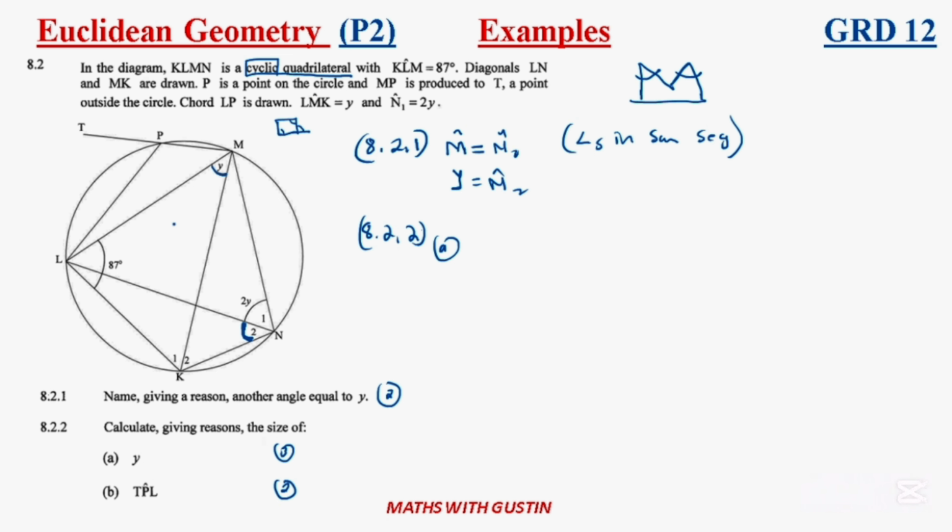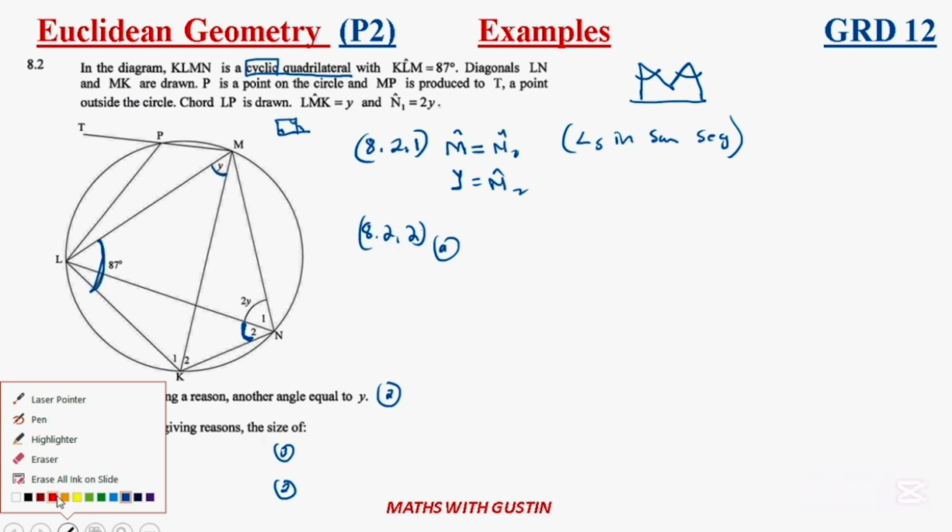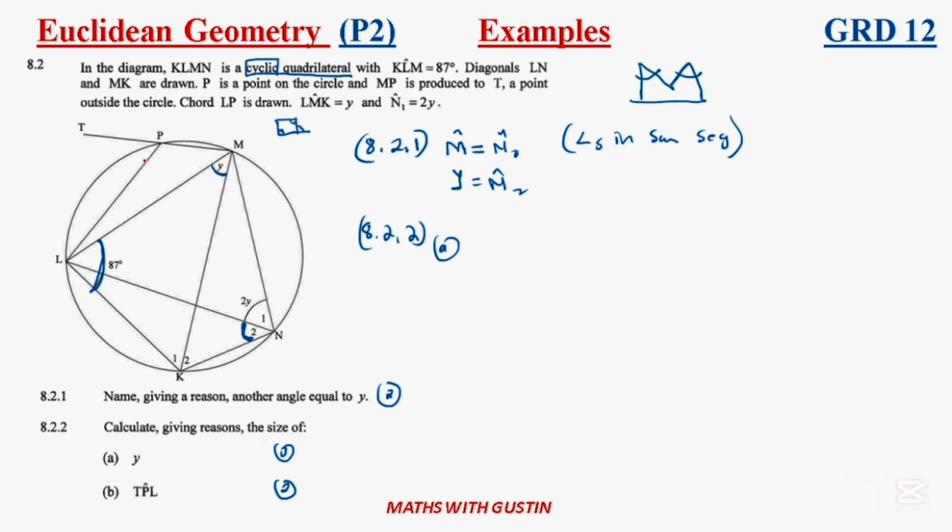Because they speak of a cyclic quad, remember what I said earlier: if they speak of cyclic, we're thinking of the exterior angle of a cyclic quad, we're thinking of the opposite angles of a cyclic quad. So this angle here, maybe I should use a different color for the sake of understanding, guys. The sum of these two angles gives us 180, because they already said that this is a cyclic quad.